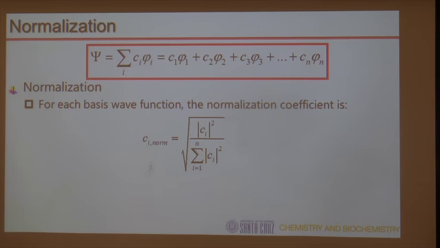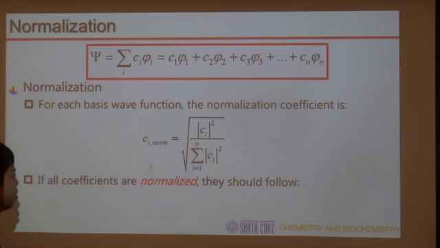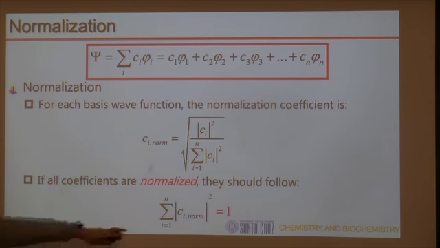Very important. And if all coefficients are normalized, so let's say you successfully normalize it and find all the normalized Ci, then squaring all the Ci norms and adding them together must give you the number 1.